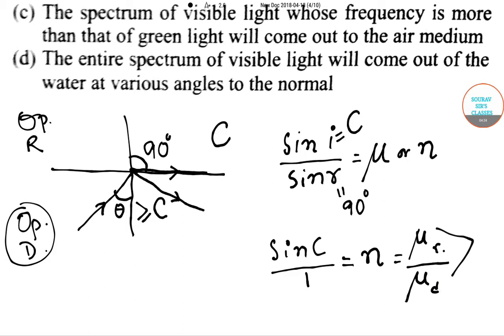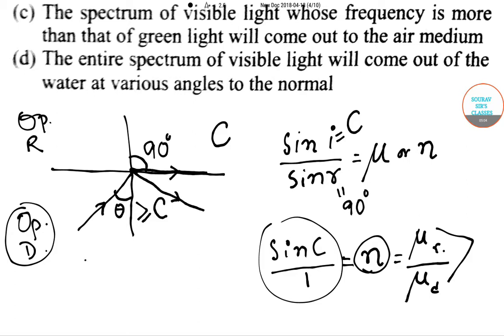These mu's are the absolute refractive index, that is, mu of R is the absolute refractive index of the rarer medium, whereas mu of D is the absolute refractive index of the denser medium, and the n represents the relative refractive index of these two mediums.